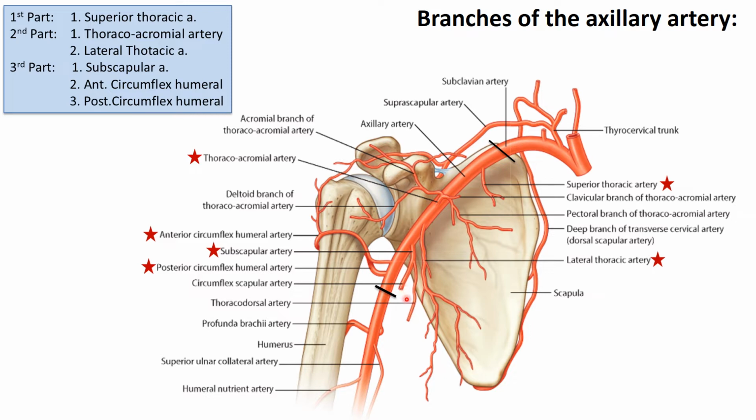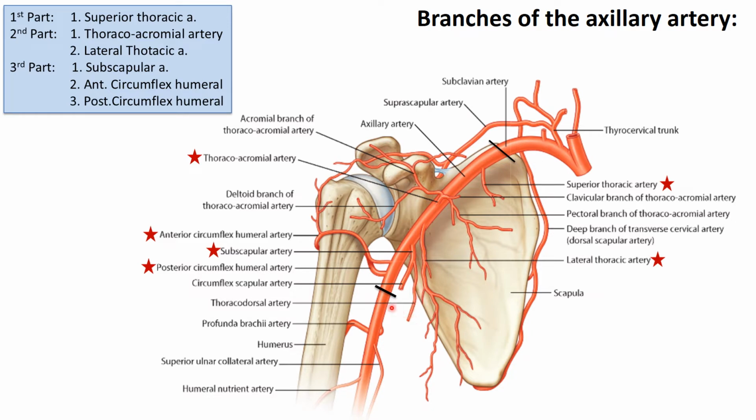And the other branch of the subscapular is thoracodorsal artery. So subscapular, again the largest branch of the axillary artery, divides into two terminal branches: circumflex scapular artery, which leaves the axilla through the triangular space to go to the posterior scapular region, and thoracodorsal artery that goes down in this direction.